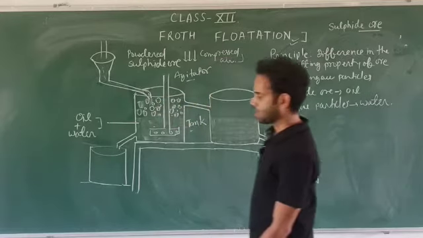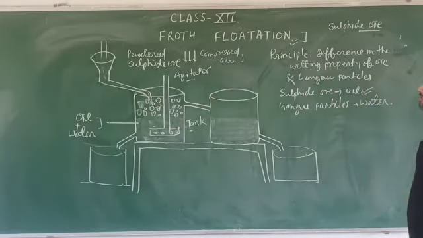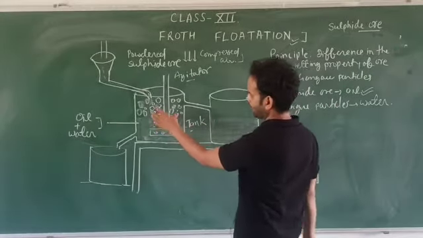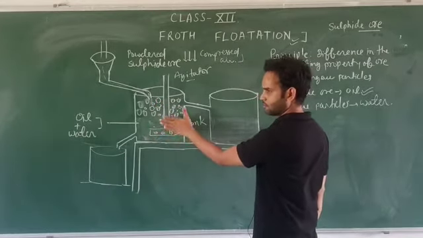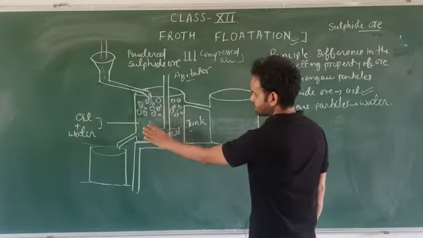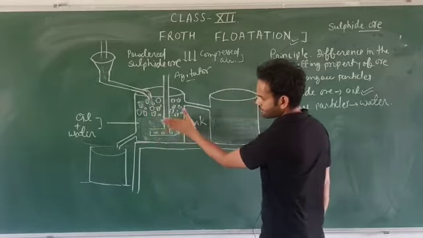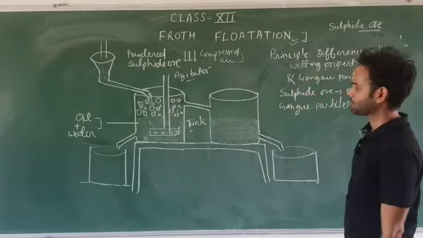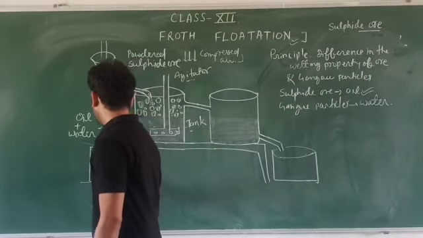As we have discussed earlier, the sulfide ore is wetted by oil. So the froth combines with the sulfide ore. Water is below the oil; we know that oil is above the water. In this water the gangue particles will settle, and they will be separated out through a different outlet, where the gangue particles will be collected.